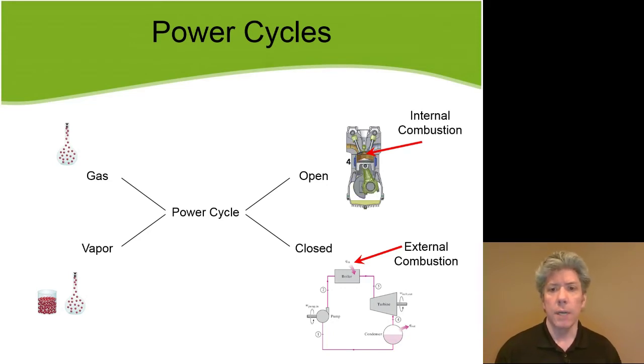So one thing that does confuse students along the way is that, in open cycles, with open cycles, we typically analyze them using closed systems, and that's what's confusing about it. But if you think about it, it makes sense. The idea behind the open power cycle is that in the real engine, the working fluid moves through the engine and comes out the other side.